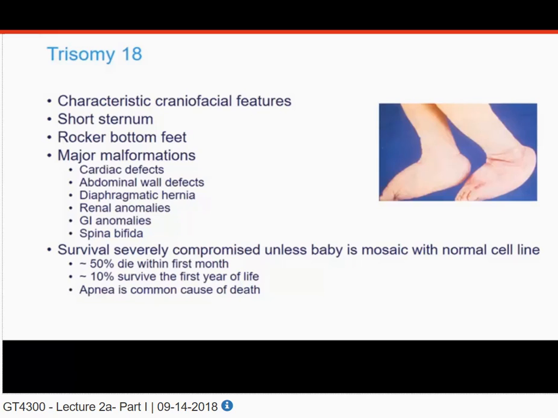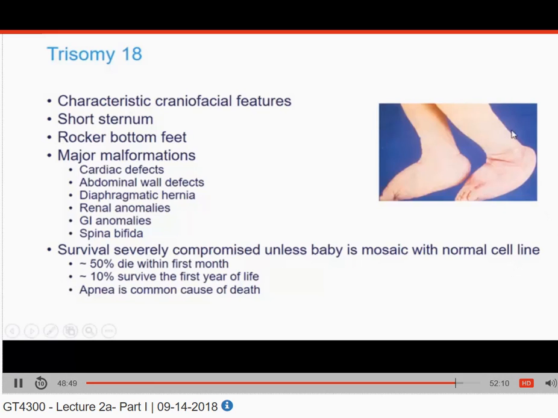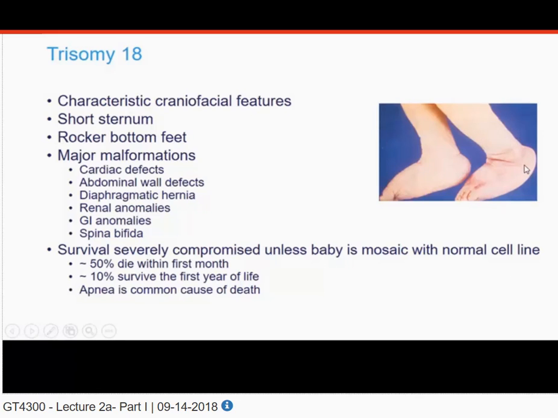They also have another feature that can also be seen in trisomy 13, the rocker bottom feet. It's kind of like the bottom of a rocking chair, and this has been seen on ultrasound as well.